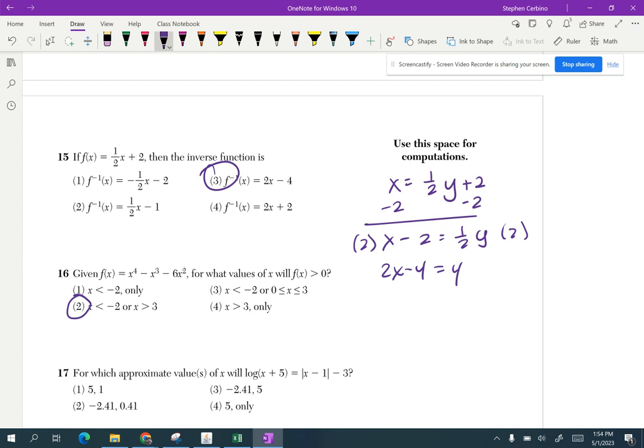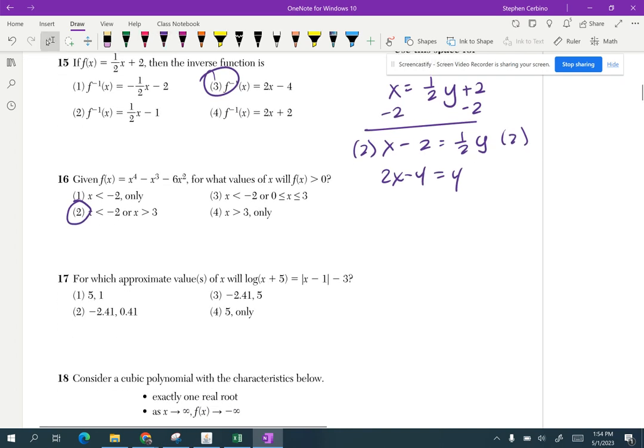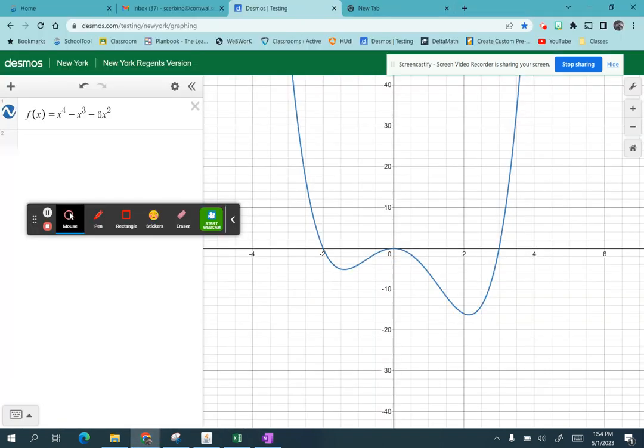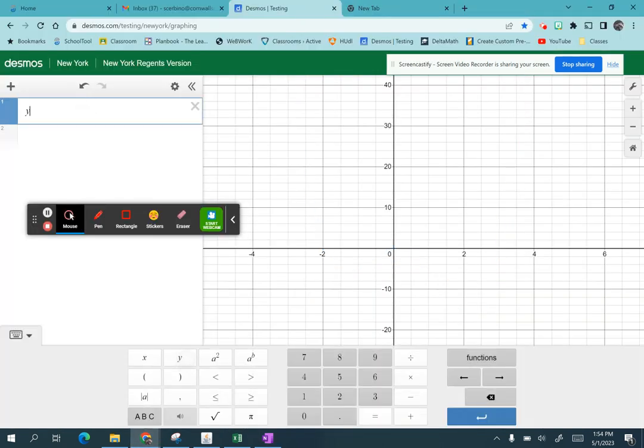Number 17 is another Desmos question. We want to graph both sides here. All right, so we want to make two equations, y equals log of x plus 5 and y equals the absolute value of x minus 1 minus 3. And see where they intersect, right? So if we go to Desmos again, so I'll say y equals, we'll go to functions here.